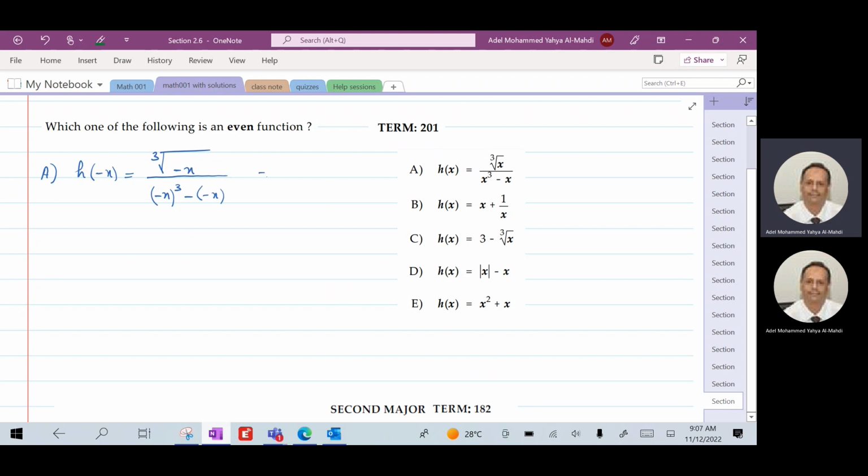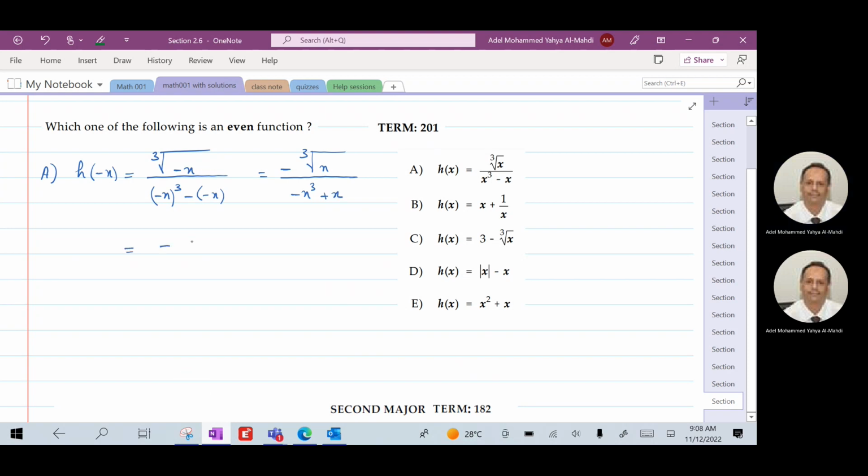If you simplify this one, we know that we can take the minus sign out of the cube root. It will be outside. It is allowed to do that because it is a cube root. And we know that minus x to the power 3 is minus x cubed, minus with minus is plus x.